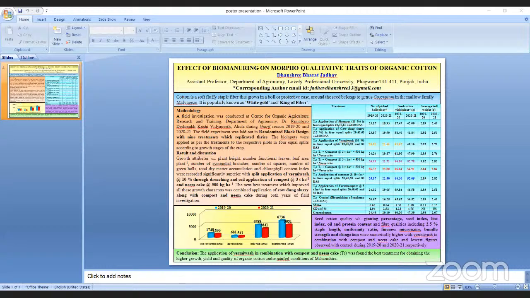If you are able to hear us, please go ahead with the presentation. Is there a network issue, madam? We are able to see it, but I don't know whether it is visible to her. Dhanashree Bharat, please.